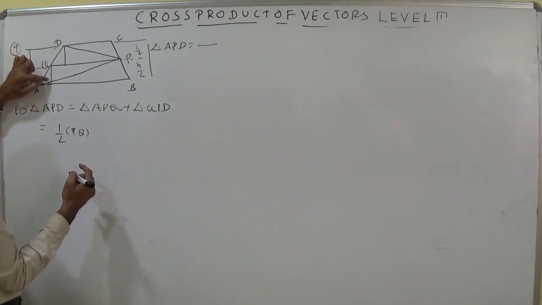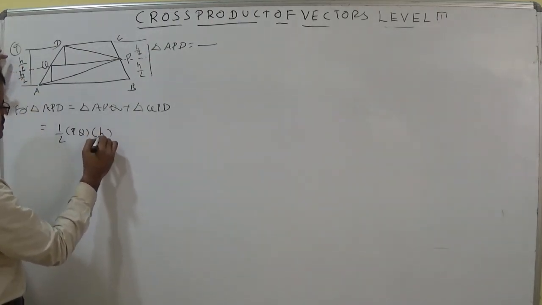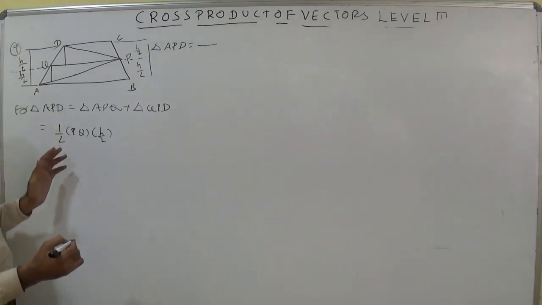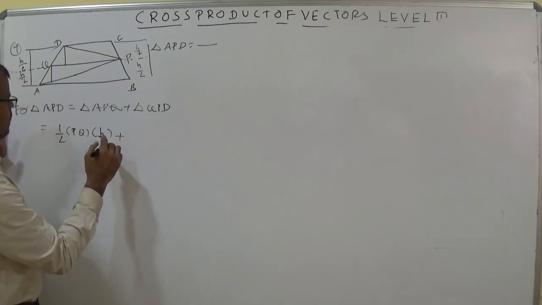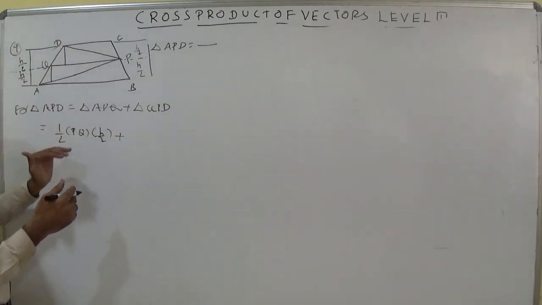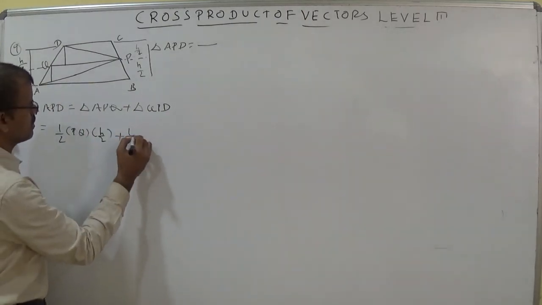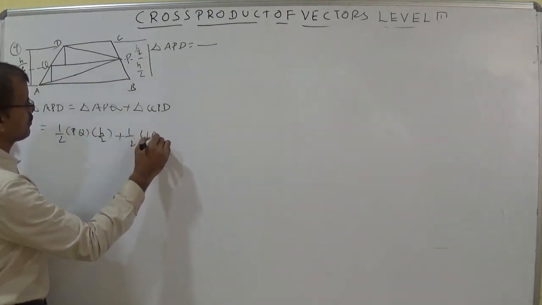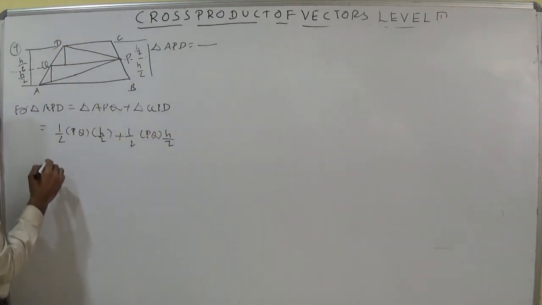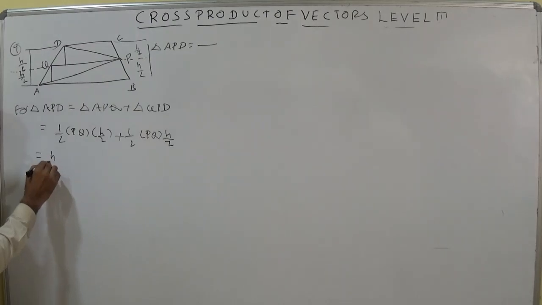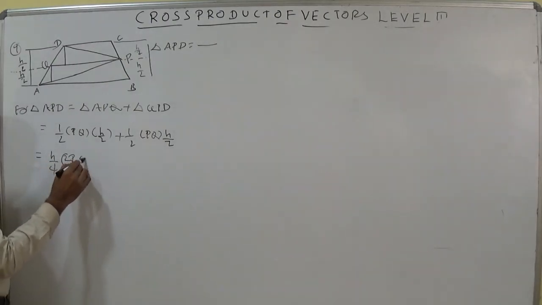If you take any letter E, QE, this height is H by 2. Now discuss the upper triangle. Using the same base, you can calculate half into PQ into the next height, H by 2. So you can conclude H by 4, taking common PQ plus PQ, so it is 2 PQ.